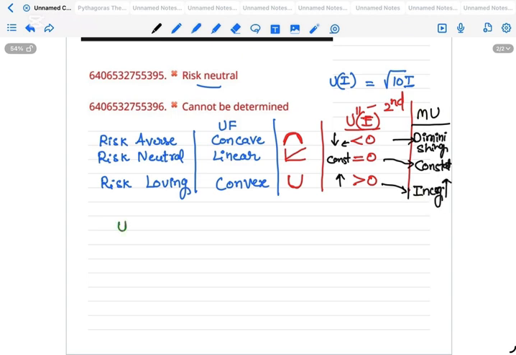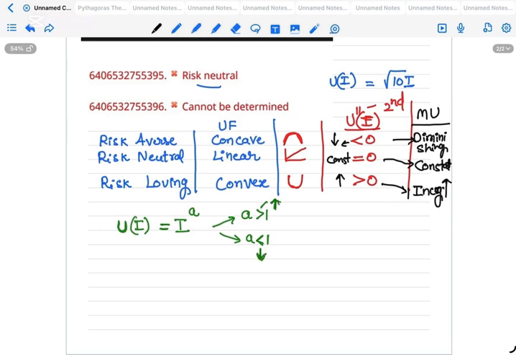Okay, u is in terms of I, that is I power a, income power a, when a is greater than 1 and a less than 1. Greater than 1 is increasing, less than 1 is decreasing.